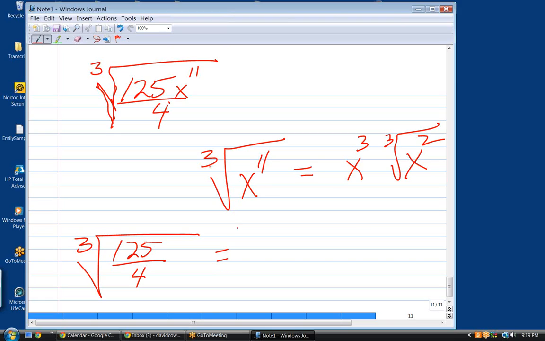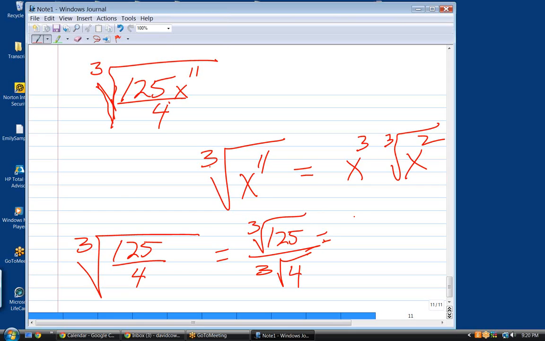The first thing I need to do to this is divide the 125 by 4. Don't want to divide that number by 4. That'll give me a decimal, and that won't help. But what it does is it becomes the cube root of 125 over the cube root of 4. What's the cube root of 125? 5.